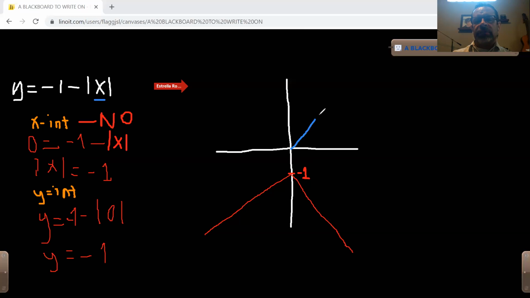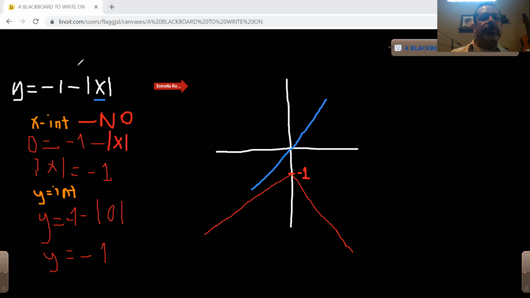Don't change anything there, Estrella, leave it the way it is. This is the original graph. I'm going to make it a little bit more marked like Estrella did. It's a straight line.